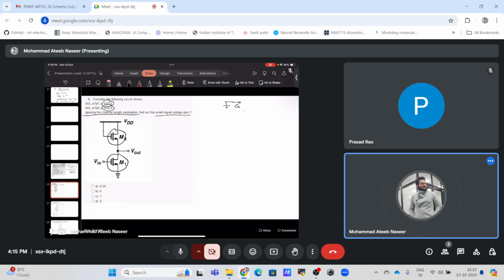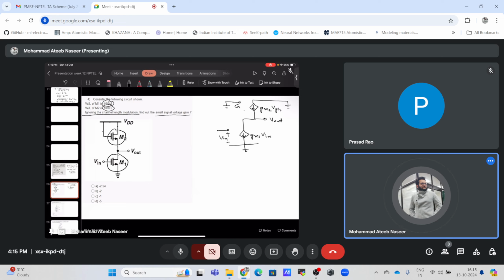This is the gate, and we will have gm2 VGS2 with this being grounded, and gm1 V in, because V in is applied at the gate. This will be grounded, and this will be our V out.